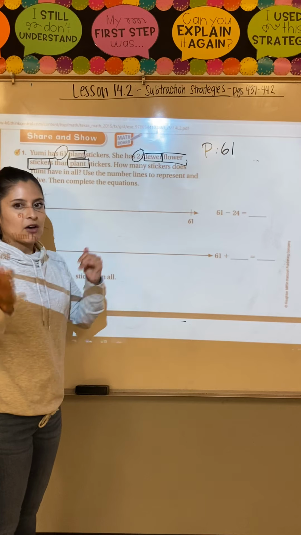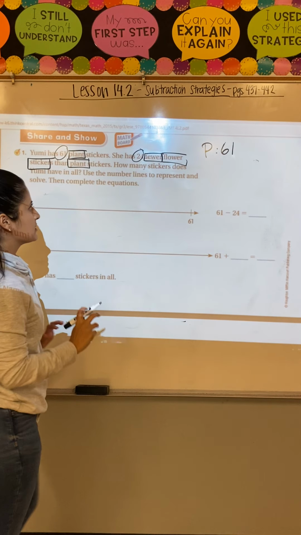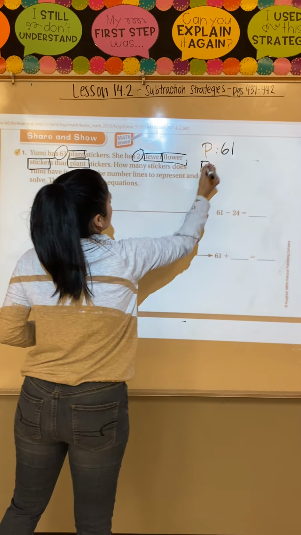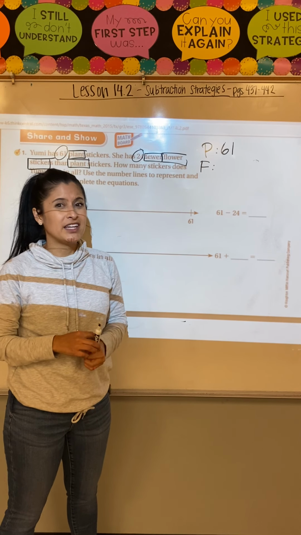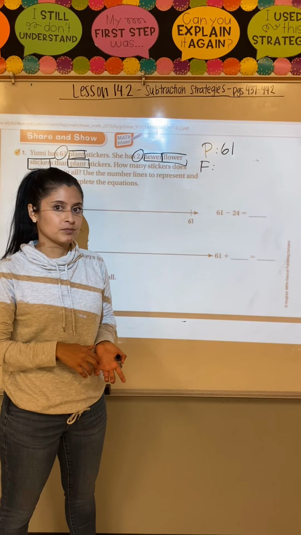So now we're talking about flowers, we're talking about plants. 24 fewer. Think of that keyword again. Fewer flowers. That means a less amount of flowers than those plant stickers. What operation would we use to help us determine the amount of flower stickers if we need a smaller number?